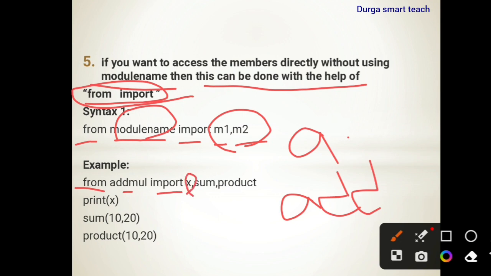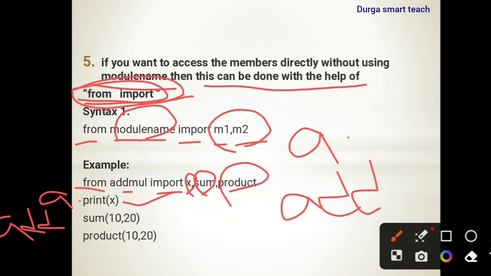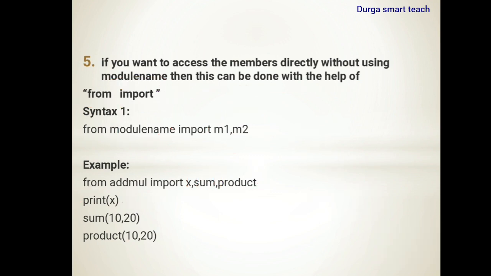I am importing variable x, the sum function and the product function. Now you can access them directly: print x, sum of 10 comma 20, product of 10 comma 20. So without using the module name, you can access the members directly with the help of from import. From module name import the members. In this way you can access.